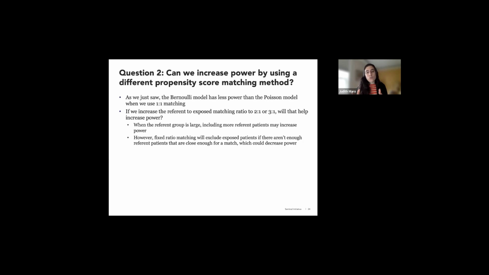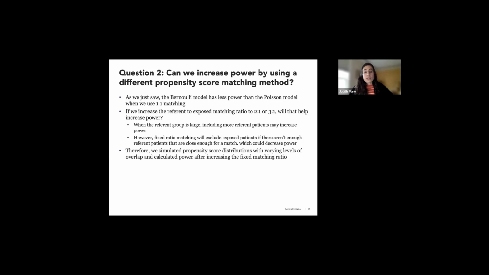That's where the overlap that you observe becomes really important. When you have a very large referent group, it's probably fairly easy to continue to add more referent patients to increase power. But if the referent patients are too distant in terms of their overlap from the exposed population, you actually can decrease power, and we'll see that in a minute.